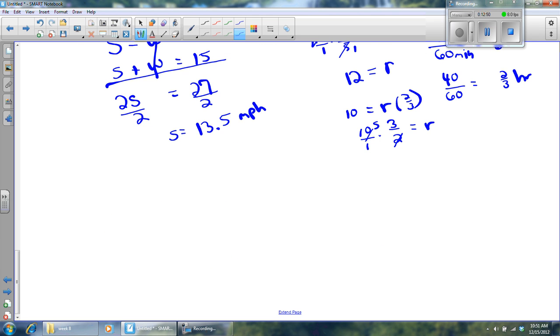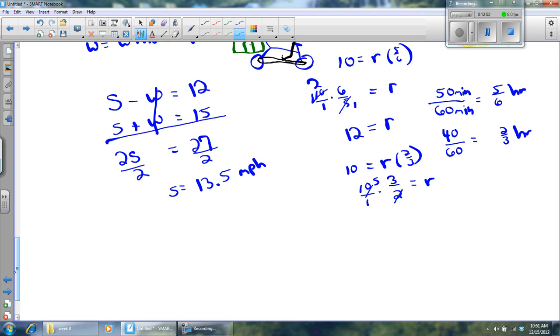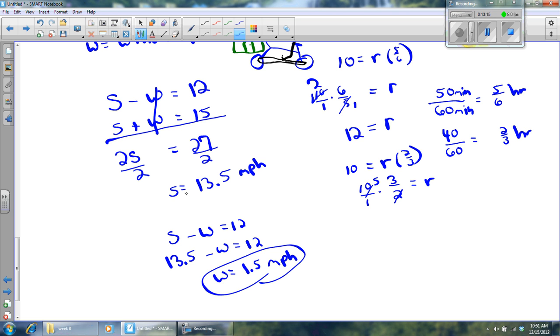And we know that S minus W equals 12. Well, you might be able to reason your way through this one. How much do you have to take away from 13 to get it to 12? Well, I'm thinking that W is going to equal 1.5 miles per hour. And so there are your two answers.